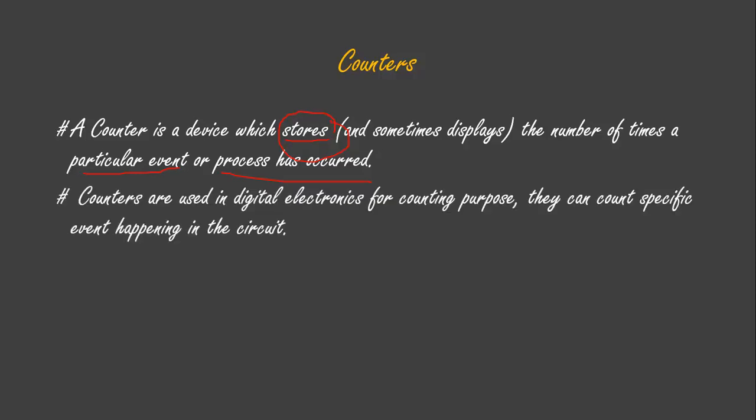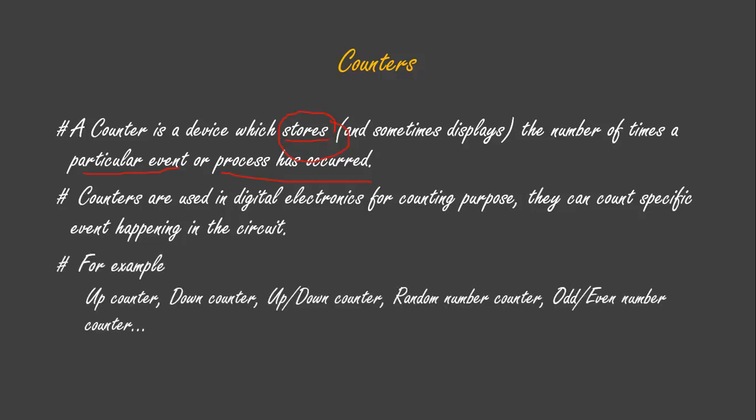If we look at the use of the counter in digital electronics, there are many uses, but specifically it can count the happening of any of the events. We can segregate the counter into different classes depending upon their circuit design and their use. Right now we are going to classify them by their uses.